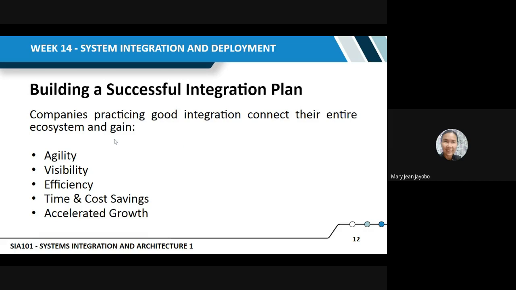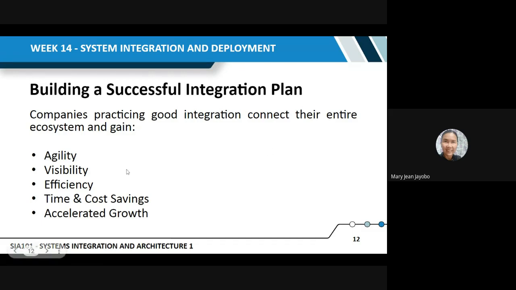Therefore, yung mga companies na meron silang maayos na integration, normally lahat ng department, lahat ng system nila, they are using the system, naka-integrate. And they gain from that. So what are the things that they gain from the integration?